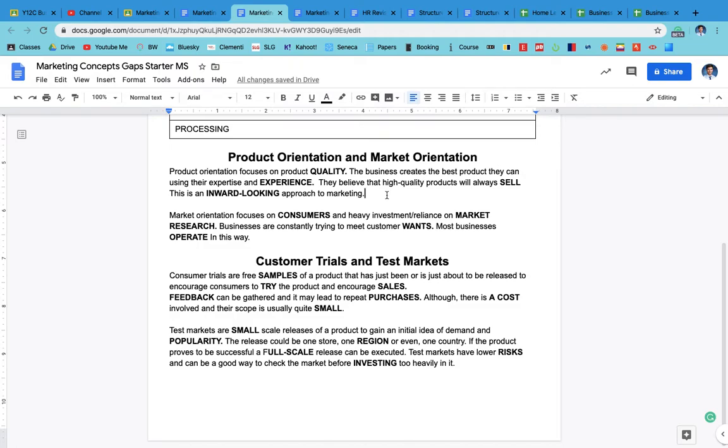But market orientation focuses on consumers and heavy investment and reliance on market research. Businesses are constantly trying to meet customers' wants, and most businesses operate in this way. Most businesses conduct lots and lots of market research, lots of surveys, lots of feedback, and make the changes that people want.